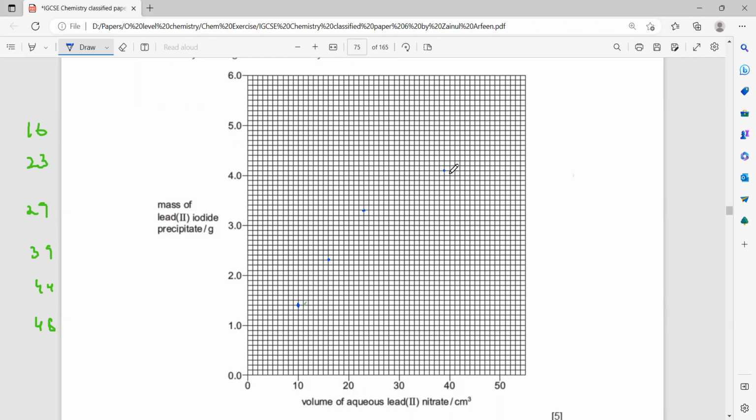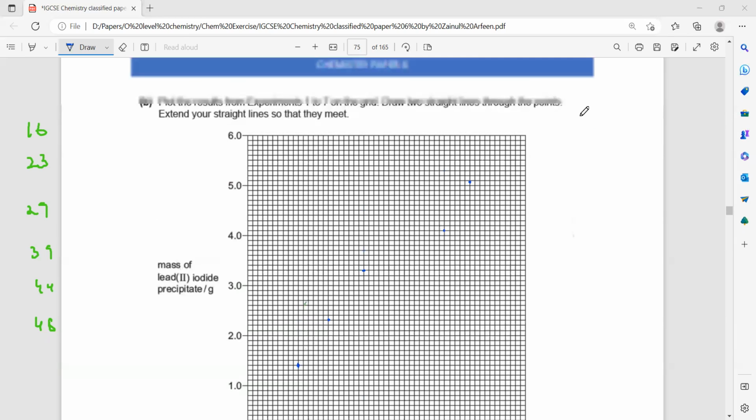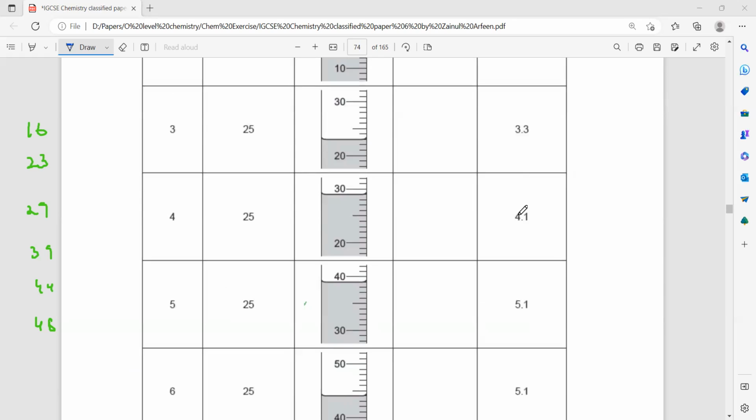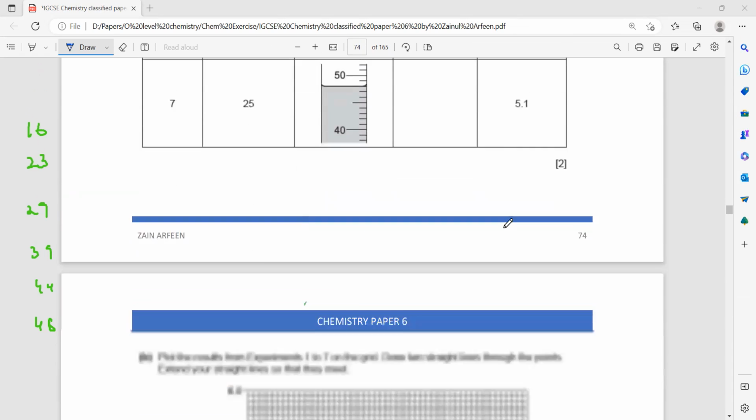So 40, this was 39, this will be 40. So 41, 2, 3, 4, 44 and 5.1. This is 5, so this will be 5.1. And then 48 and 5.1, so the same height.